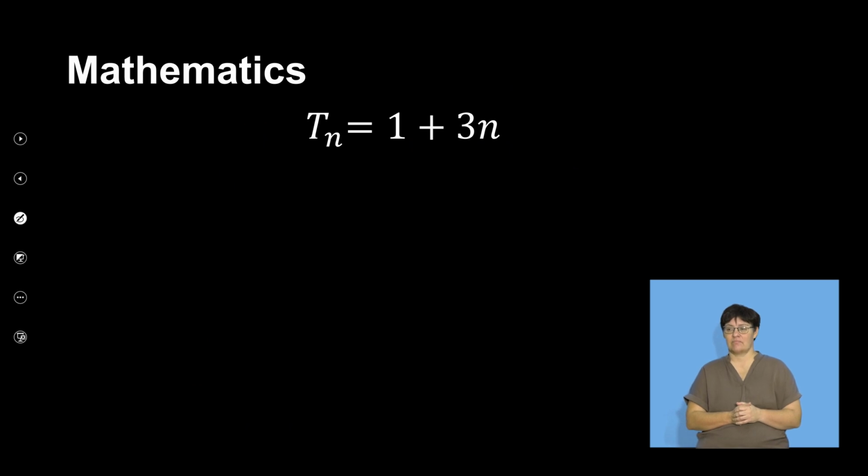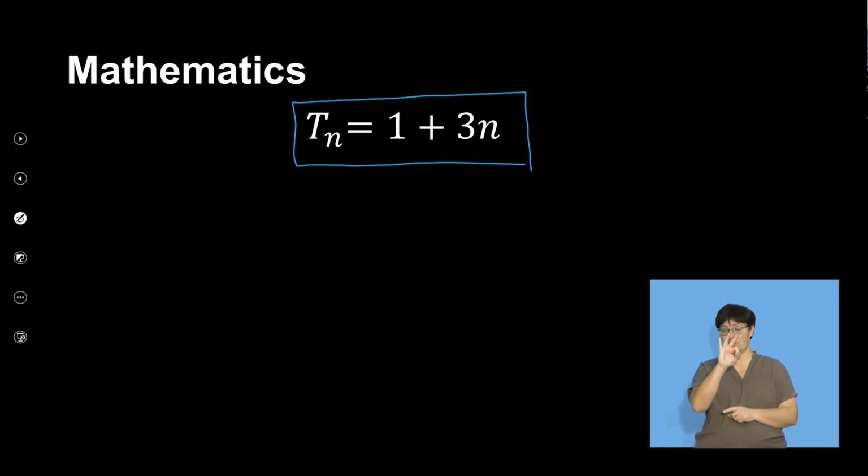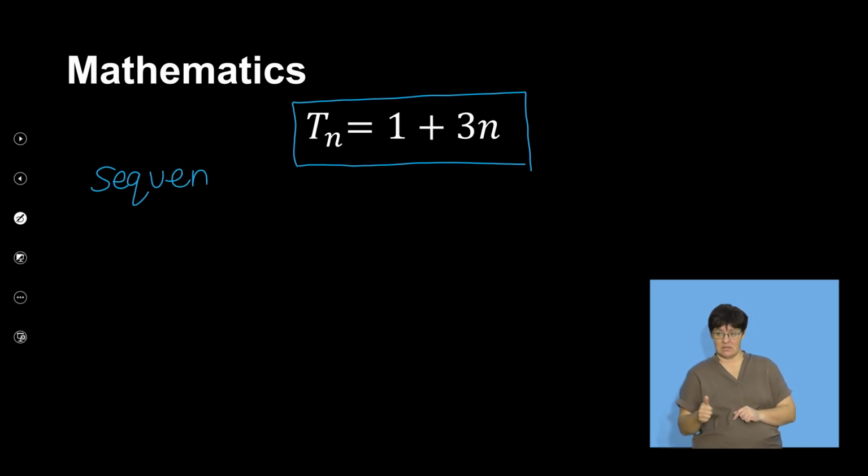The general term Tn is equal to 1 plus 3n. The question asked me to determine the sequence, and determining the sequence means that I've been asked to determine the first 3 terms.